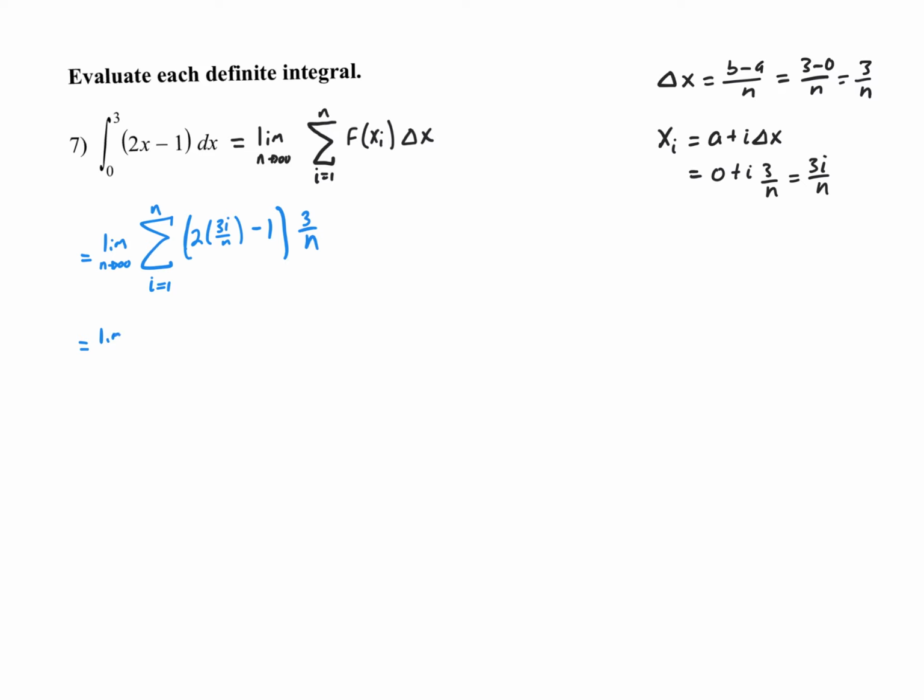So this is going to be the limit as n goes to infinity of 3 over n. And then I'm going to find the parts of this that do not have an i in them and put them out in front. So this is going to be 6 over n times the summation of i, and then minus 1 times the summation of 1.